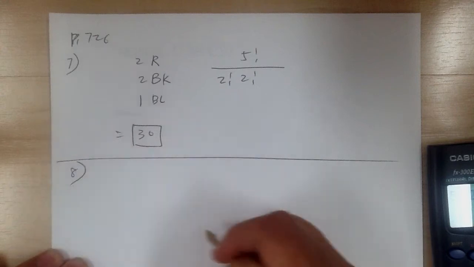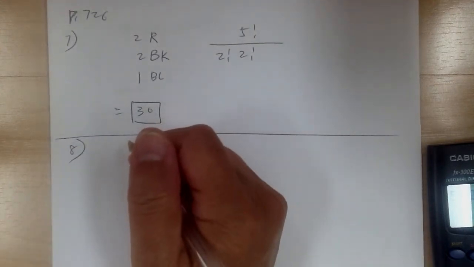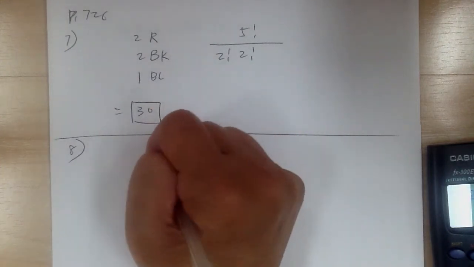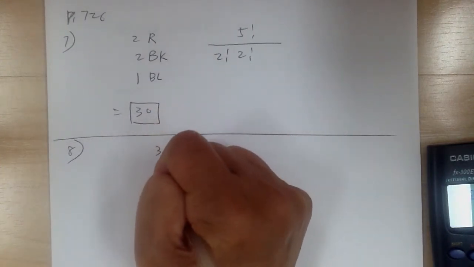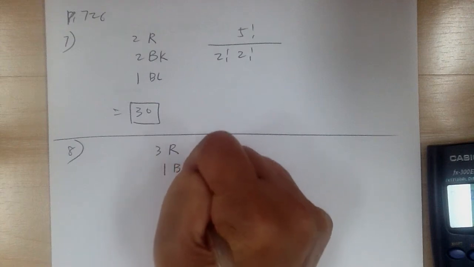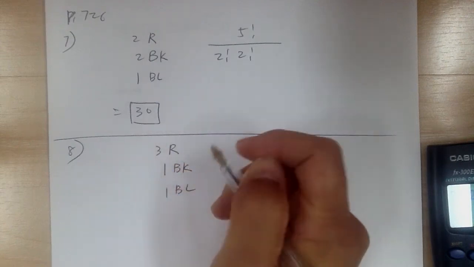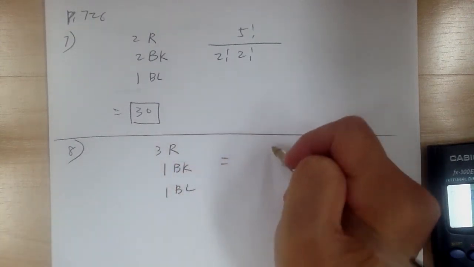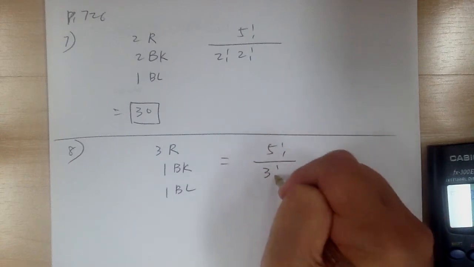Okay, number 8. How many different signals could be made if the flags in exercise 7 are of the following color? 3 red, 1 black, and 1 blue. So if you got 3 red, okay, 1 black, and 1 blue. Okay, so this will equal to 5 factorial over 3 factorial.